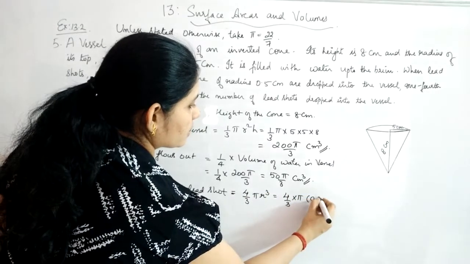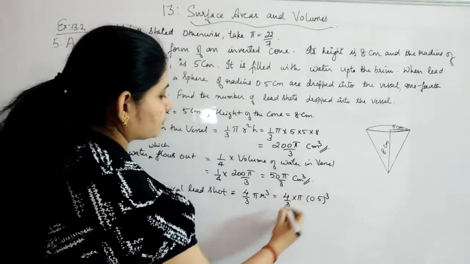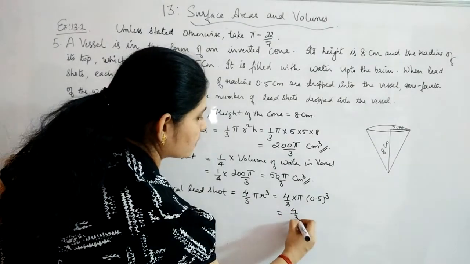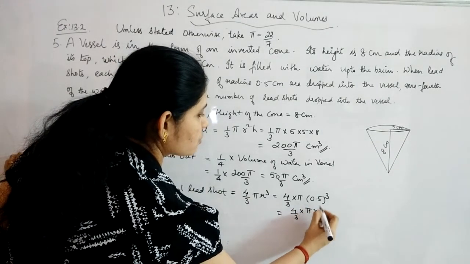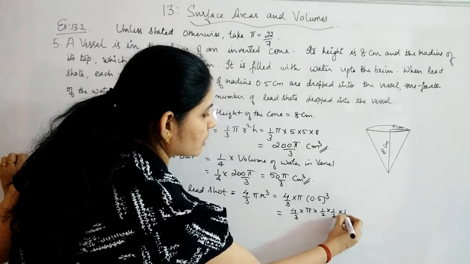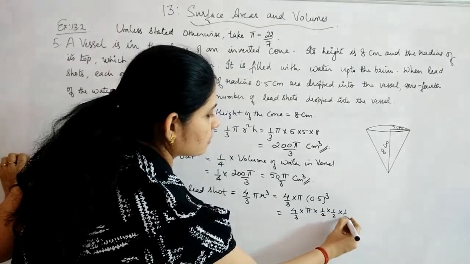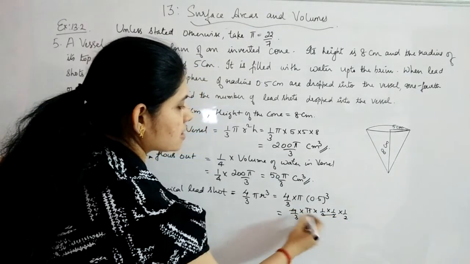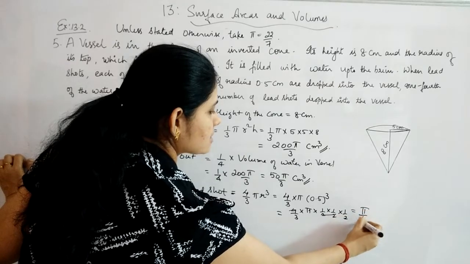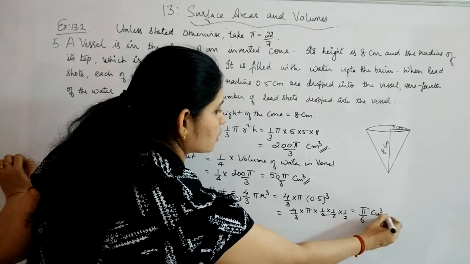So it is 0.5 the whole cube. And this is giving you 4/3 into pi into 0.5 is 1/2. So you'll get 1/2 into 1/2 into 1/2. So this gets cancelled and you are getting it to be pi by 6 centimeter cubes.